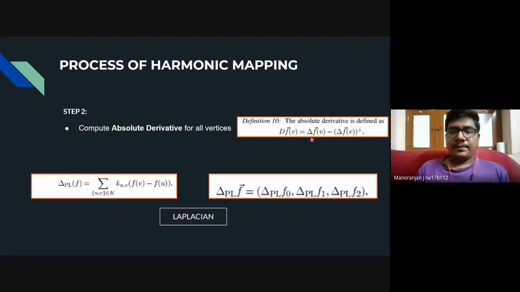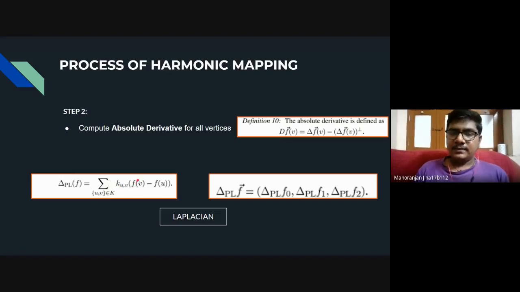So what does Laplacian mean? The Laplacian is given by another equation. To give a sense of it, if you are looking at a vertex, then you look at the surrounding vertices which are adjacent to it, and you try to get a difference amount of how much each of those vertices differs from the current vertex that you are looking at.